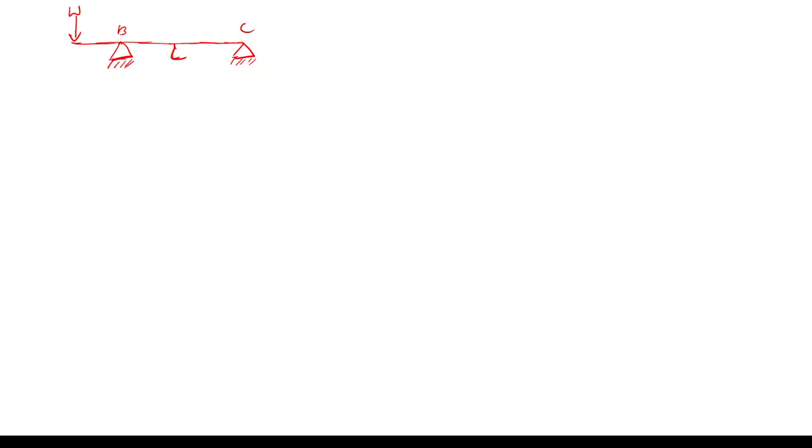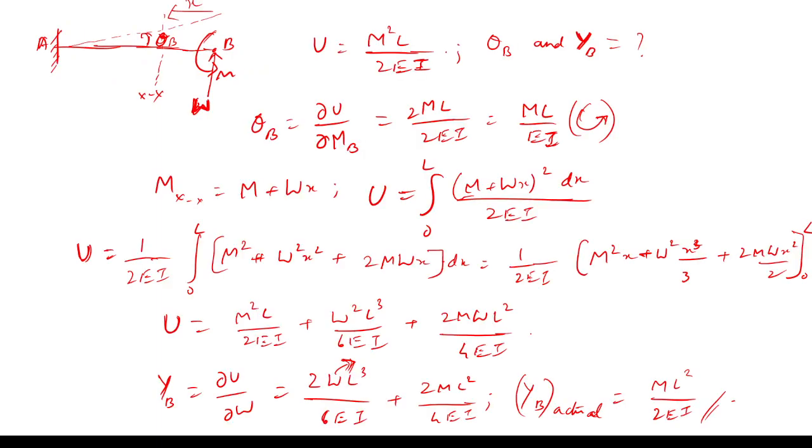So at the point where I want to find the deflection, can I apply the dummy load there? Yes, that's what we have done here. Here what I need is the slope and deflection at point B, because at this point only this concentrated moment is acting.